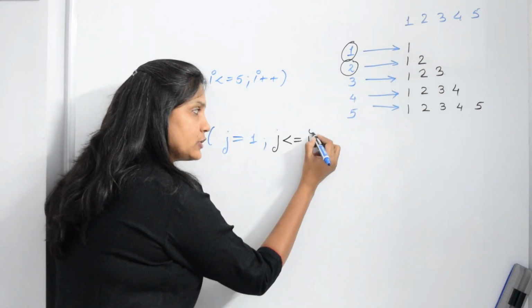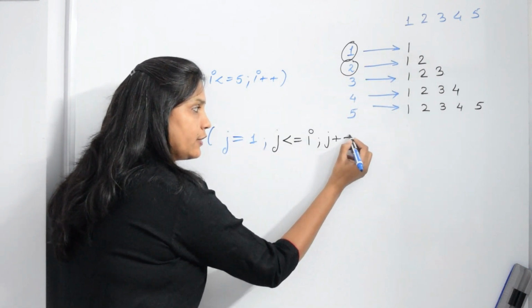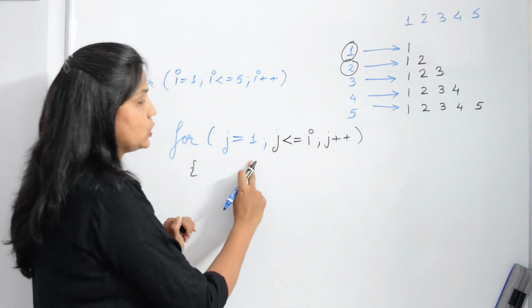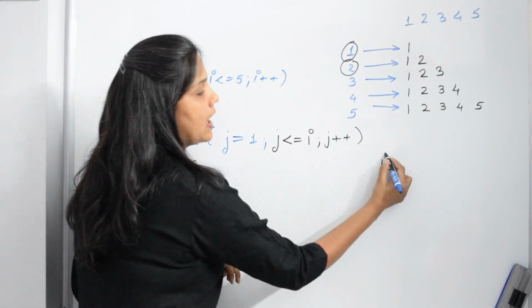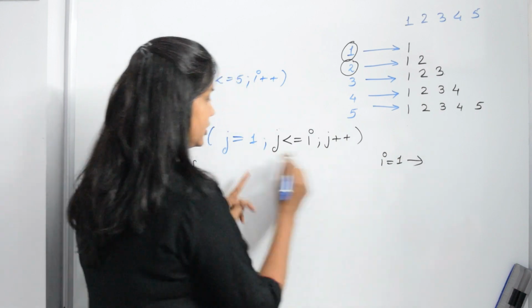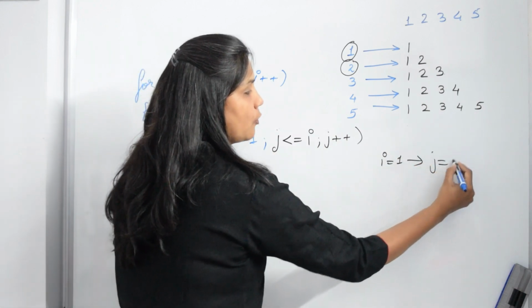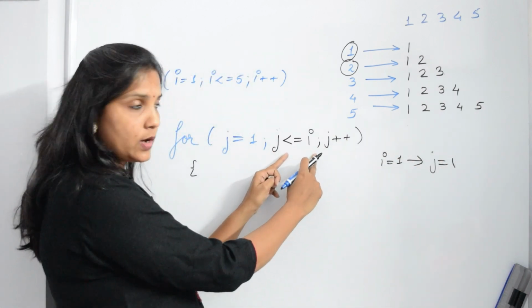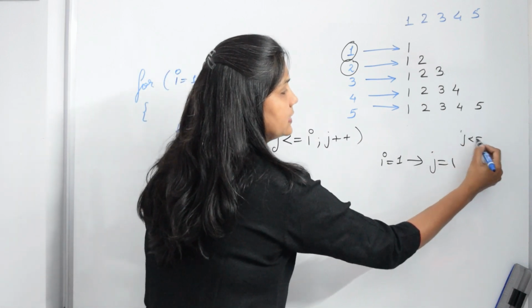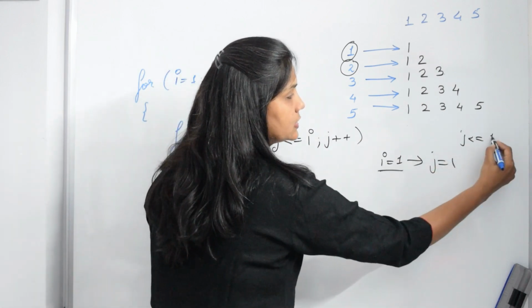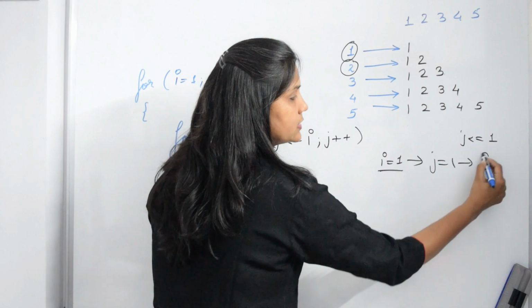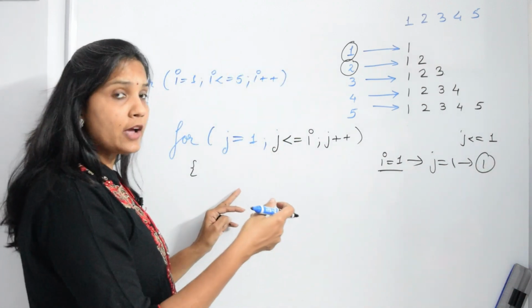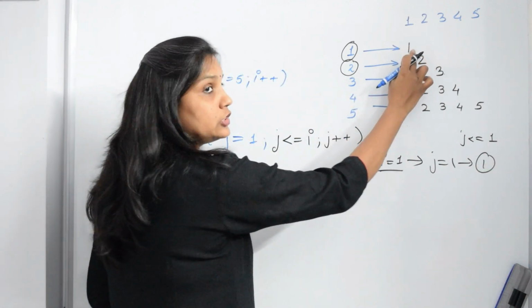So if I write j less than equal to i, and j plus plus, you can see when i is 1, my j starts from 1, and j less than equal to the value of i, which is 1. This loop runs only one time, and what do I have to print? j.